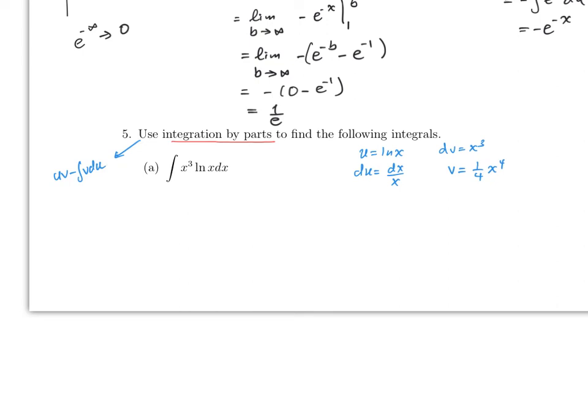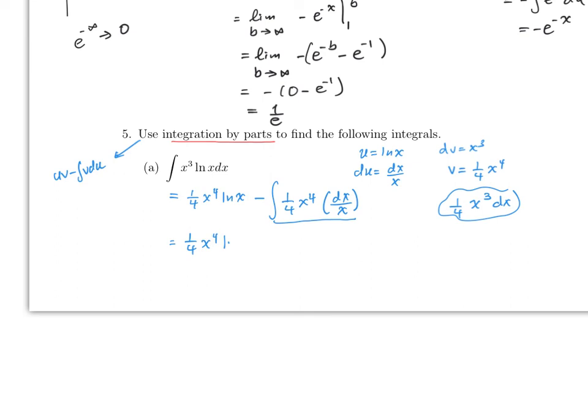So therefore, this will be uv, which will be 1/4 x to the 4 ln x, minus the integral of v, which is this, du, which is 1 over x dx. Notice that all of this simplifies to 1/4 x cubed dx. You simplify. So therefore, this is equal to 1/4 x to the 4 ln x minus 1/4 the integral of x cubed dx.